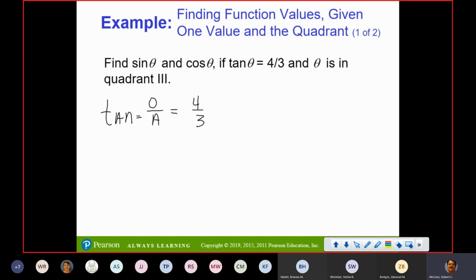Now, it says it's in quadrant what? Quadrant 3. So we're going to draw a picture of quadrant 3 right here. 1, 2, 3. Quadrant 3 right there. So we know that the angle is somewhere in here. And we also know that all students take calculus, so we know that the cotangent and the tangent are both positive.